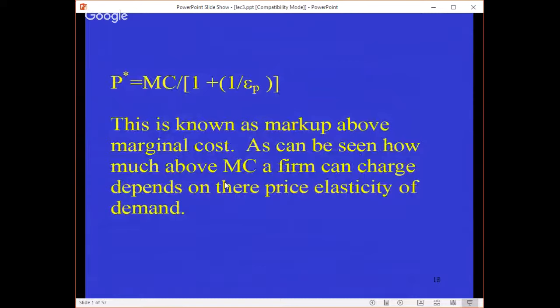This is known as markup above marginal cost, right? So how much above marginal cost I can charge depends on my elasticity of demand, right? So what do I want epsilon P to be here?